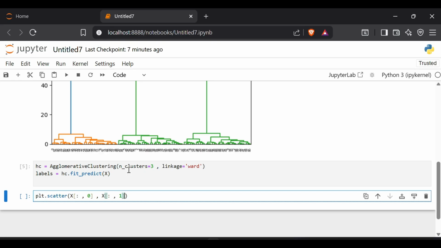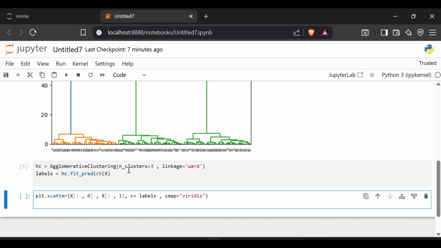Okay, and the c is equal to labels, and you have to give cmap is equal to viridis.